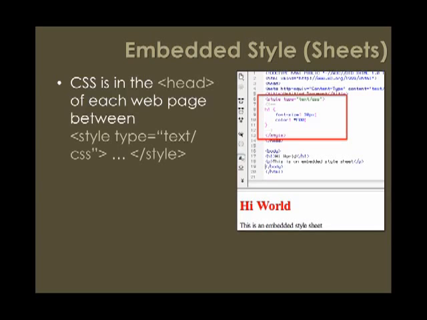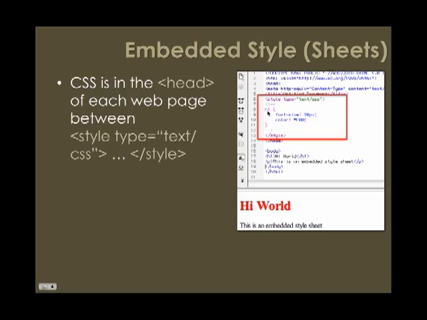In an embedded one, and here's a screenshot taken from Dreamweaver, you actually put the CSS within the head of your HTML page. You can see that at line 3 the head starts, line 14 it closes, and within that you have code that says the following text is going to be CSS, and then you have your CSS.